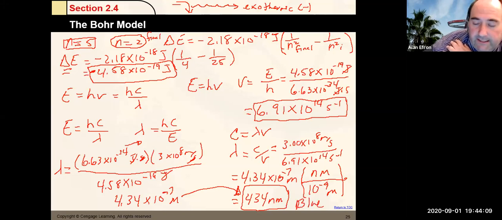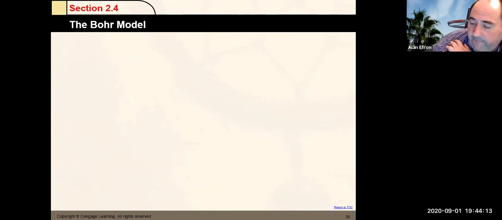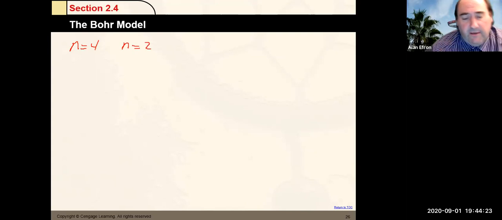All right, let's take a look at the next one, which should be a very similar type of calculation. For B, we're going from n equals 4 to n equals 2. So we'll start with the same part of the calculation. We're going to use that energy equation and our final minus initial to figure out the change in energy that's really happening with the atom.